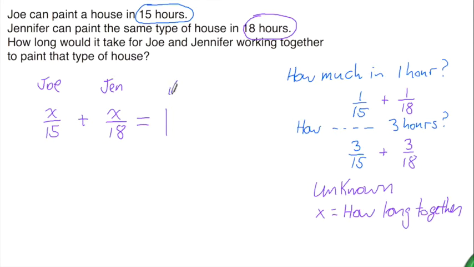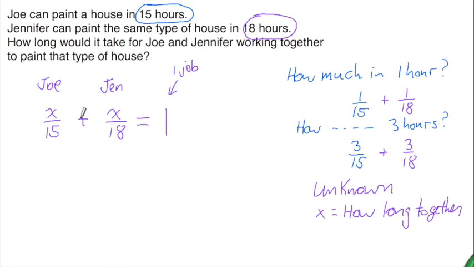I think of it as one job. So working individually, he would take 15 hours, she would take 18 hours, but we're trying to find the common time frame in which they finish the job together.